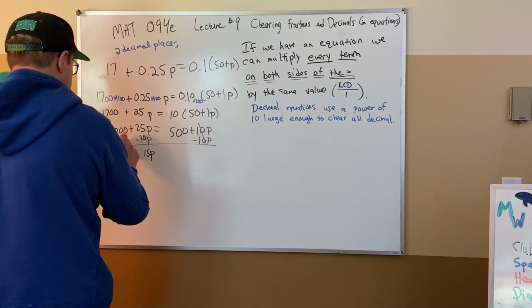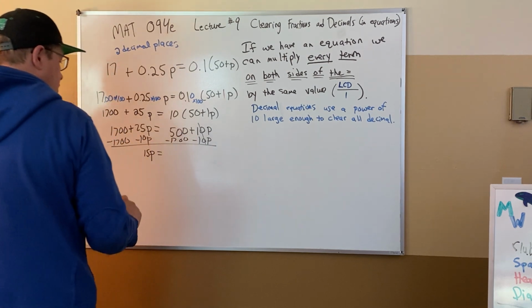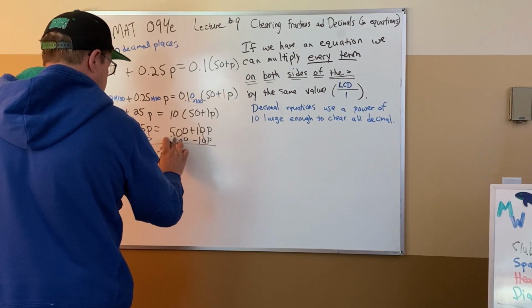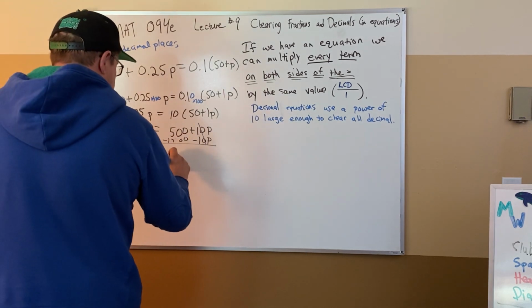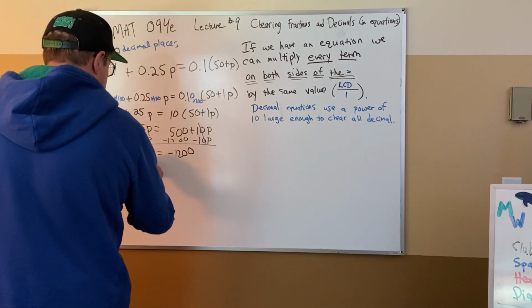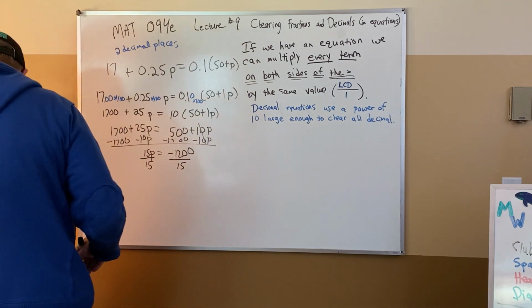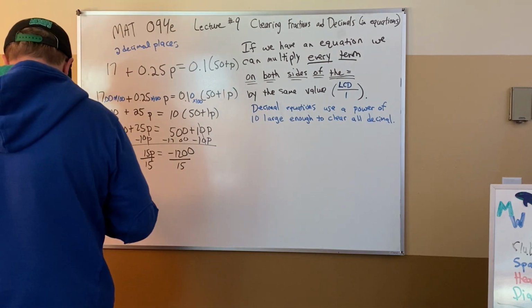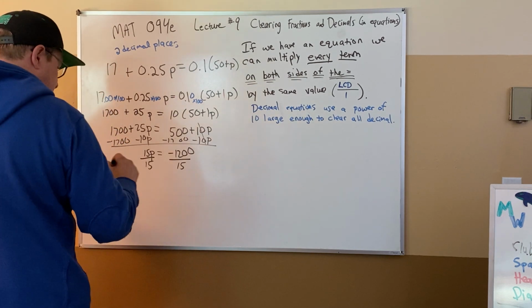Sir, you cannot stay. 1700 minus 1700 equals, make that neat enough to read. Okay. Negative 1200, divide by 15, divide by 15. Let's go. Clear. 1200 negative ABC 15 equals negative 80.